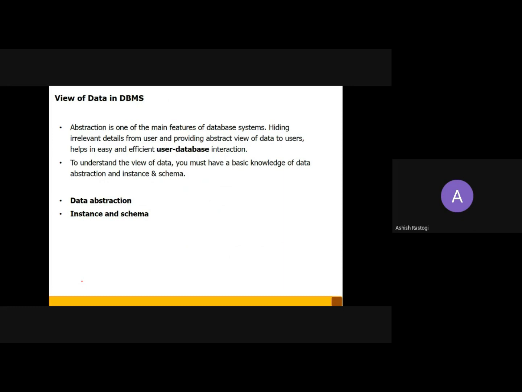Now, the next is the view of data in the DBMS. Guys, we have to discuss a few theory parts. Maybe if you already know them, you'll get bored. Rutuja, I hope you already know these things. But the problem is that if you don't understand the basic theory of the DBMS, you will not be comfortable implementing a database, especially those who are just beginning.